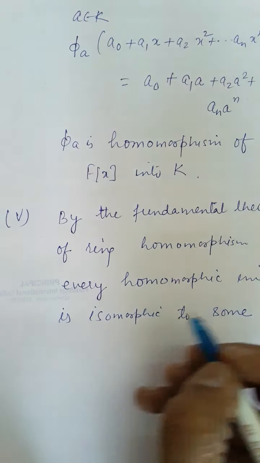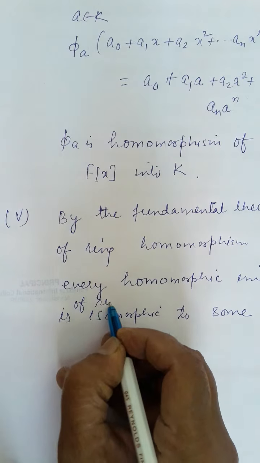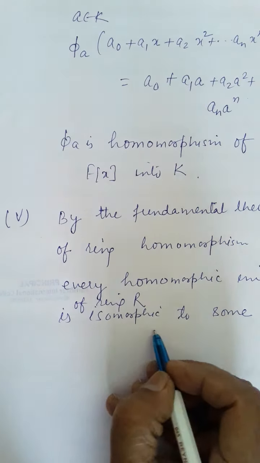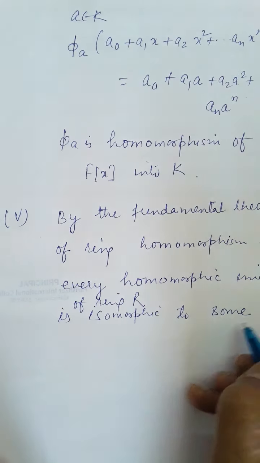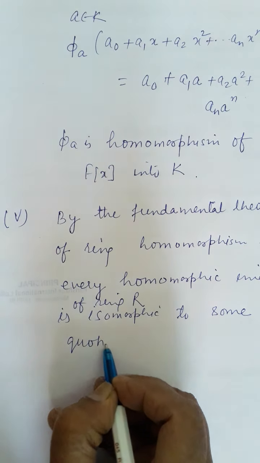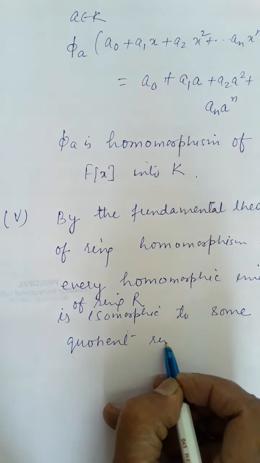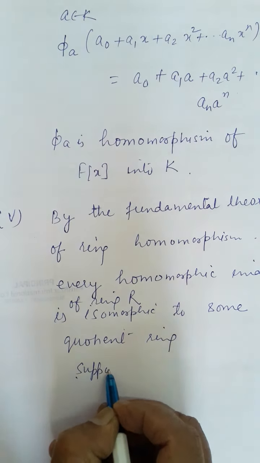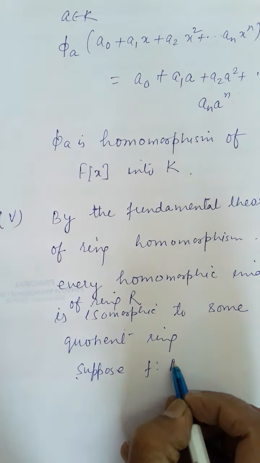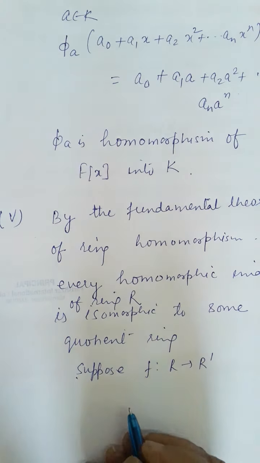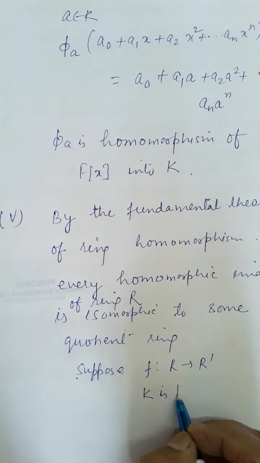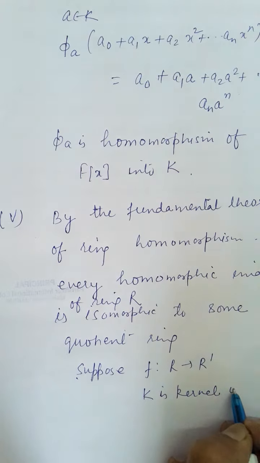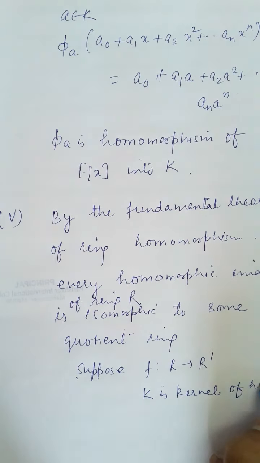Every homomorphic image of a ring R is isomorphic to some quotient ring, such that suppose f is a homomorphism from R to R dash and k is the kernel of homomorphism f.